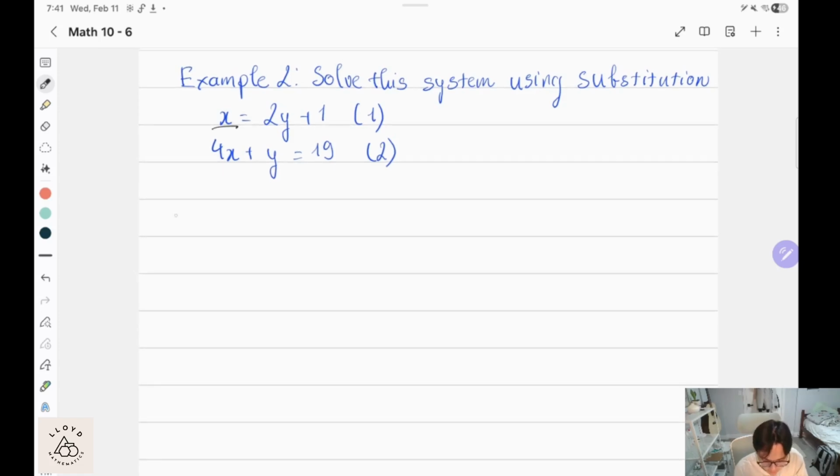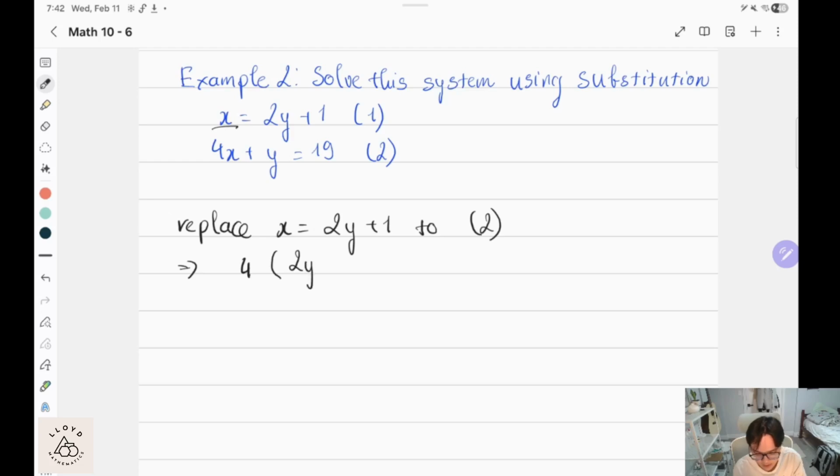So the first step is also to replace x equal to 2y plus 1 into the second equation. Therefore I get 4 times (2y plus 1) plus y equal to 19. This will be 8y plus 4 plus y equal to 19.